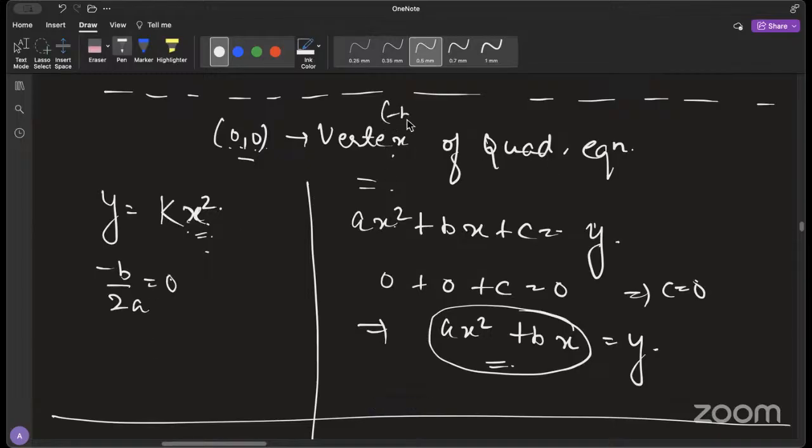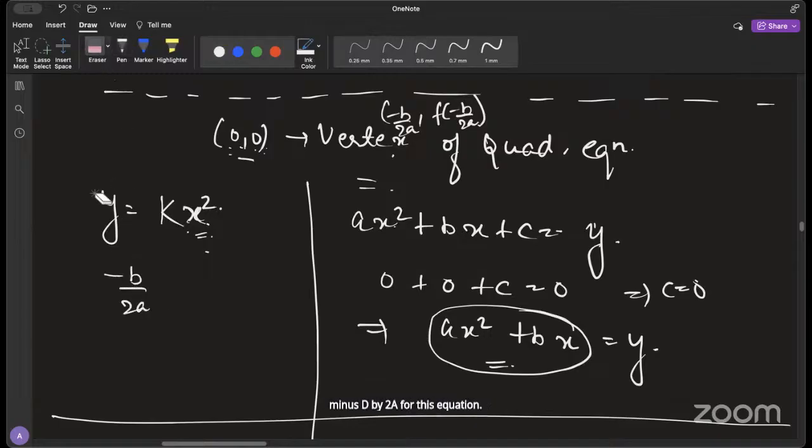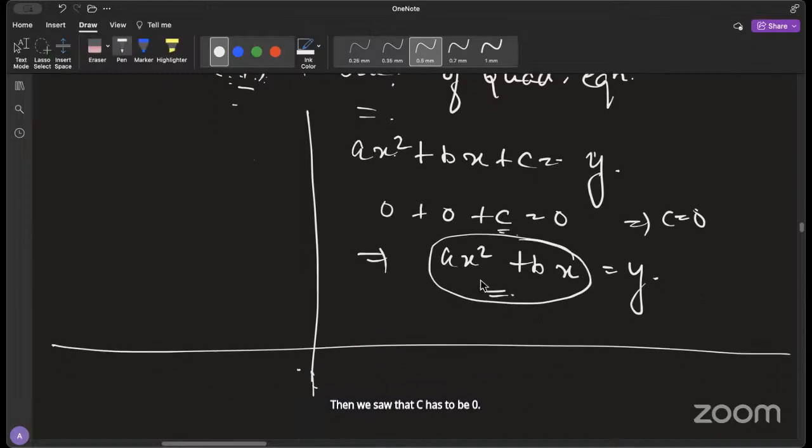Vertex is minus b by 2a, if you remember, and f of minus b by 2a. So if your vertex is 0, 0, let's forget this for now. Then we saw that c has to be 0. Now let's come to a and b.